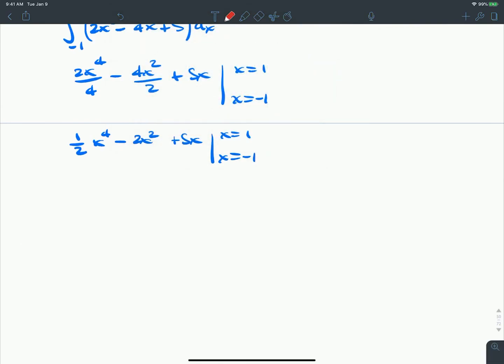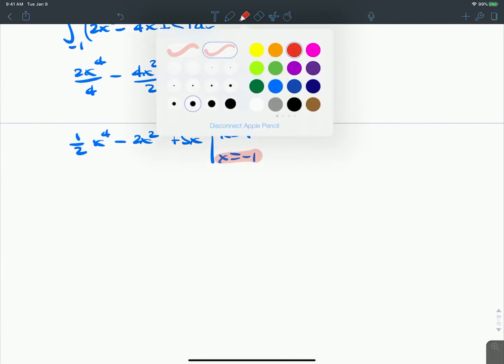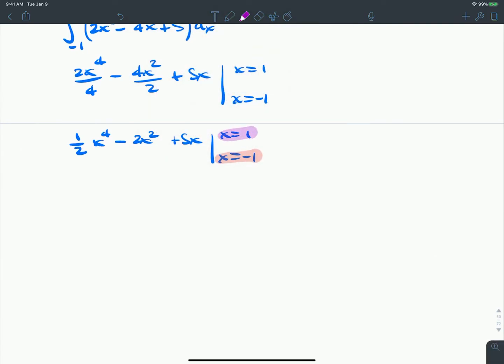So remember, we have a lower limit value, and we have an upper limit value. So we're going to evaluate this at 1 and at -1. And this is our antiderivative function.